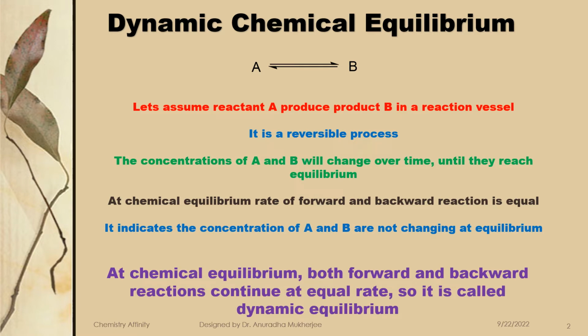Remember, in chemical equilibrium, the reaction doesn't stop. Both forward and backward reactions continue at an equal rate, and that's why it is called dynamic chemical equilibrium.